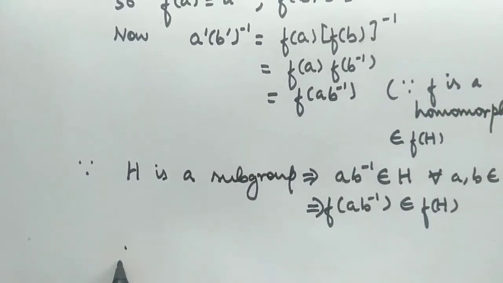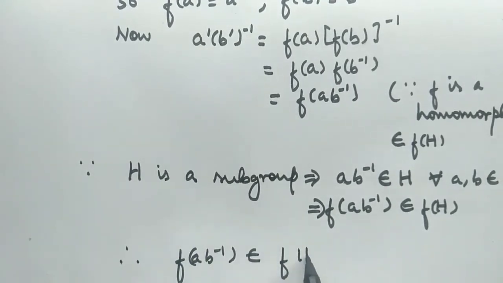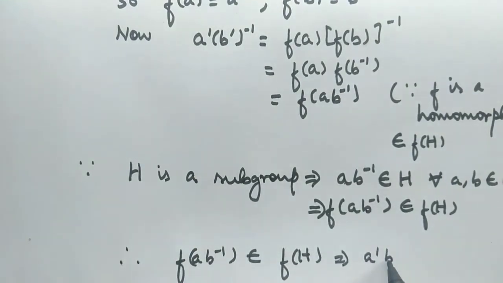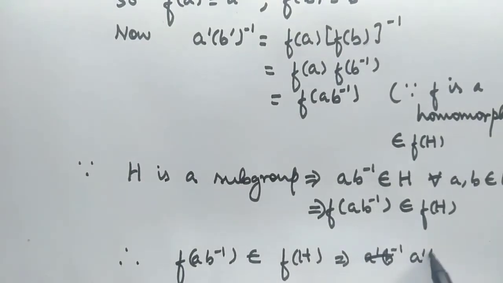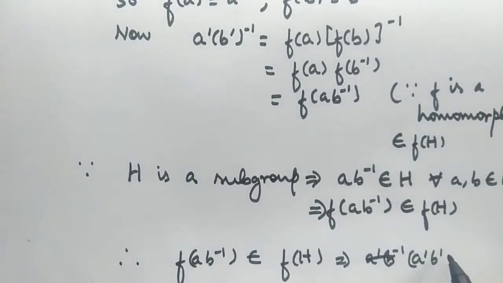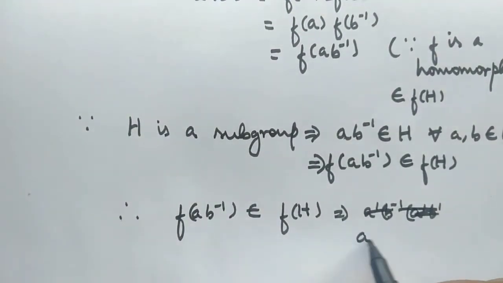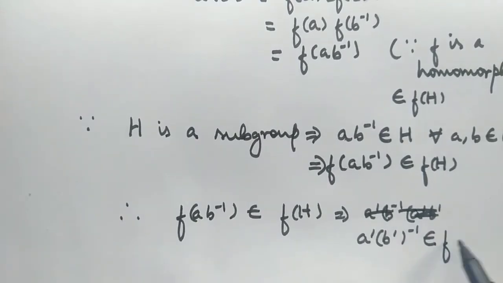So therefore, if f(a b inverse) belongs to f(H), then from here it implies that a prime b prime inverse belongs to f(H).